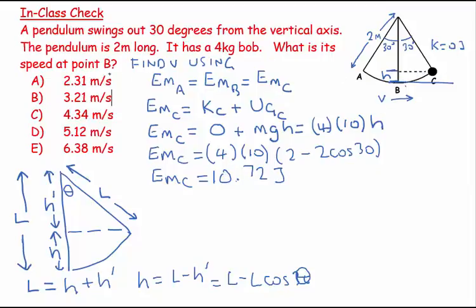I want to find the speed at point B. So I know the EM at B equals 10.72 because it's the same.